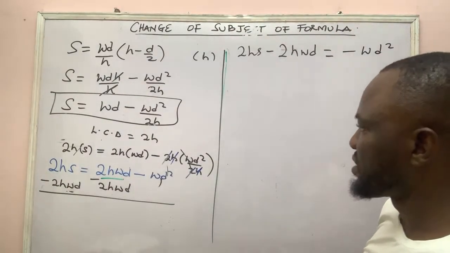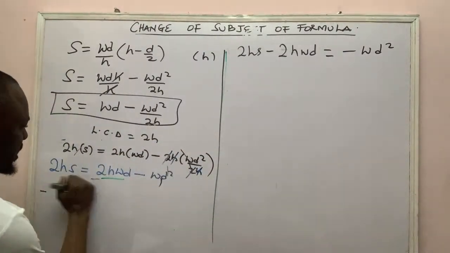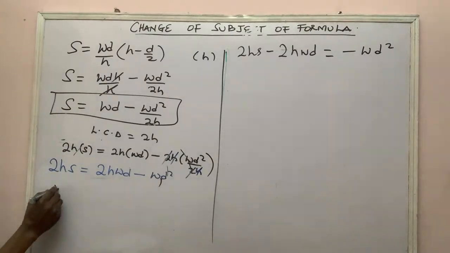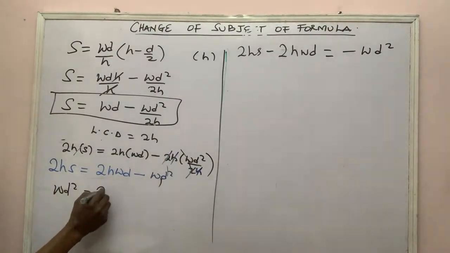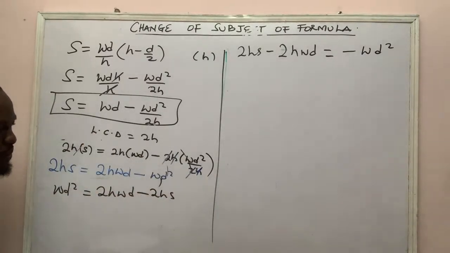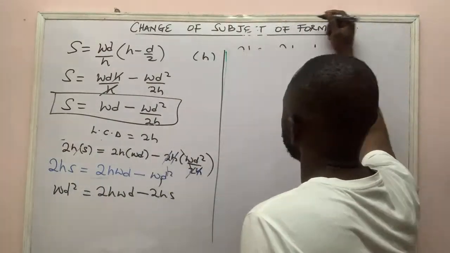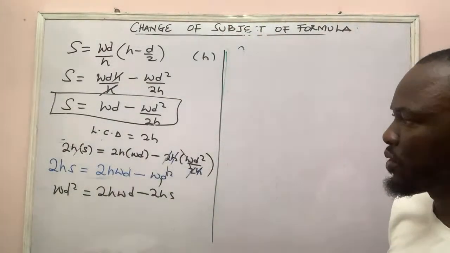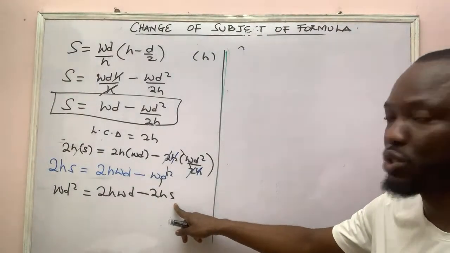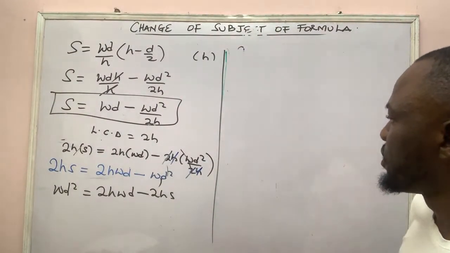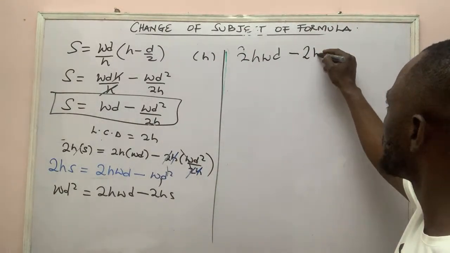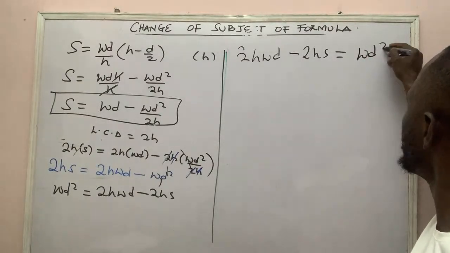All right, but instead of going through that, we can just take this to this side. We have WD squared, and we have 2HWD, and we'll bring this to the other side. We have 2HS. All right, so here we can factor out H because we want to make H the subject of formula. So we have 2HWD minus 2HS equals WD squared.